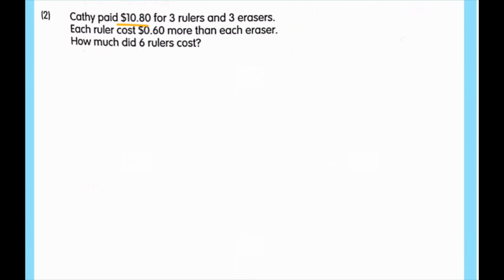What kind of bar model should I use for this problem? Each ruler costs 60 cents more than each eraser. This gives me an idea that I need to draw a comparing bar since I can see the phrase more than. What are we comparing in the given problem?